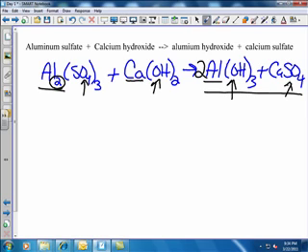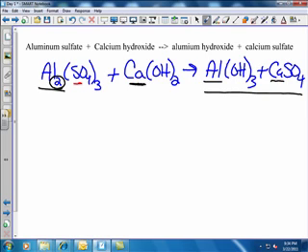Okay, and that's a lot easier if you do that. So I don't want to do oxygen. Okay, so the next element I want to do is calcium. And as I look at calcium, I have 1 calcium right here, and I have 1 calcium there, so those are balanced. Great. Now, I have this sulfur right here.